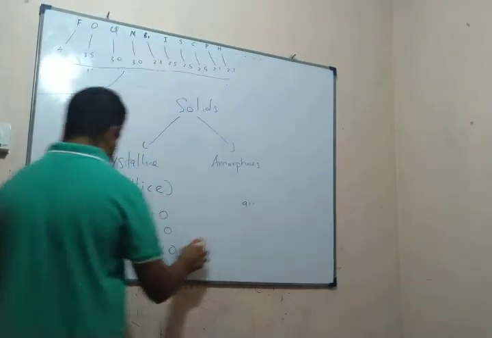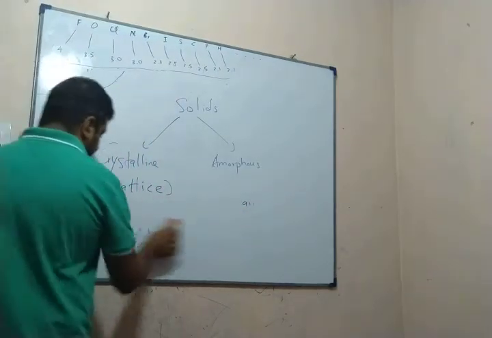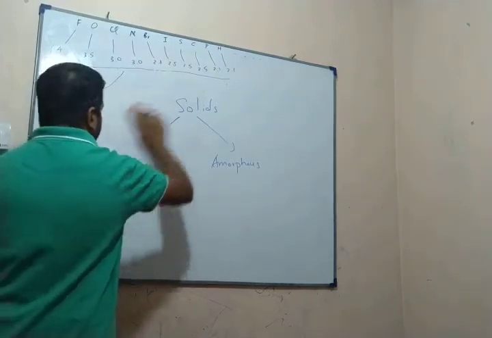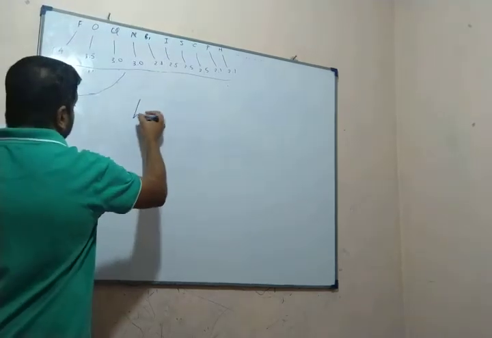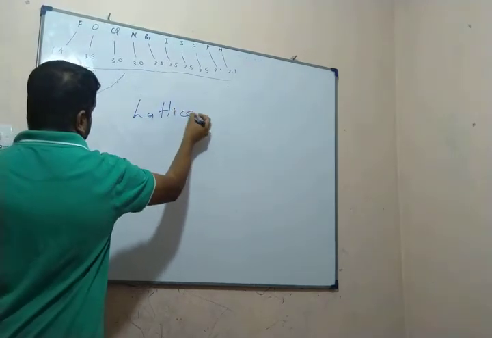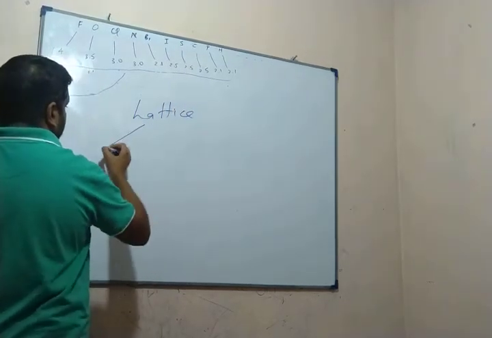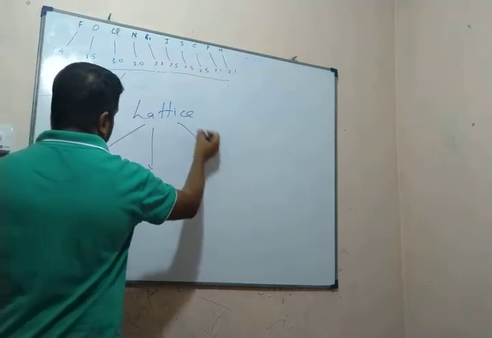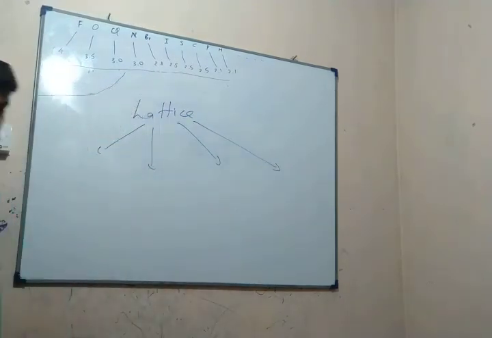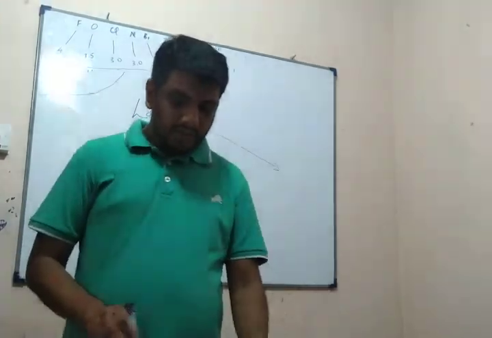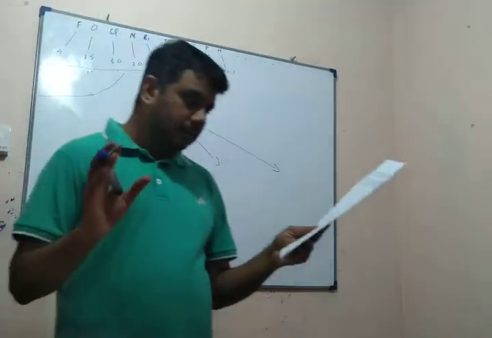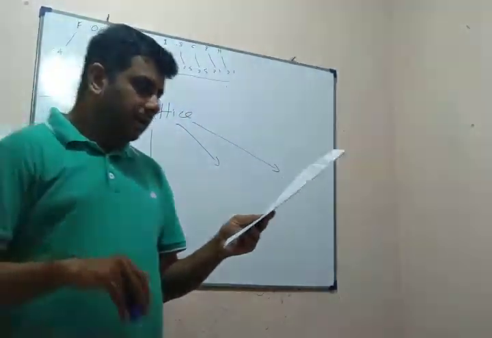Okay, that's all. So like this is our title. There are two types of solids: crystalline solids or lattices, and amorphous solids.